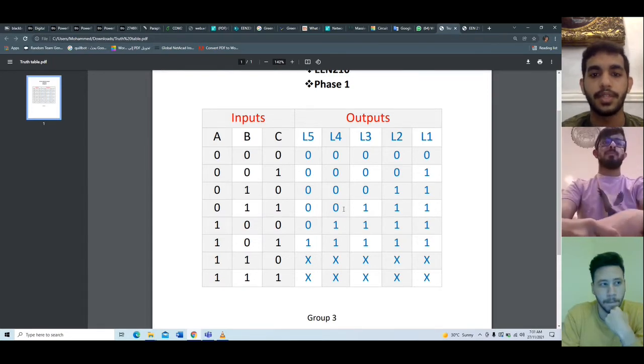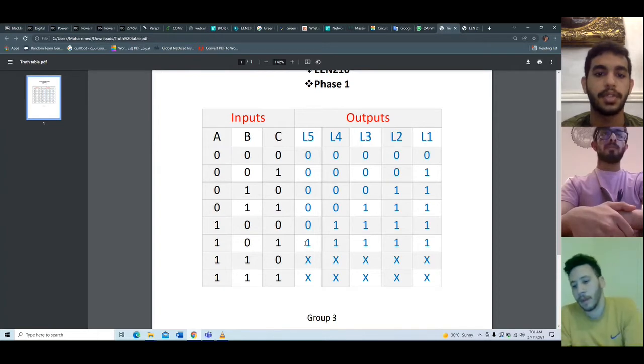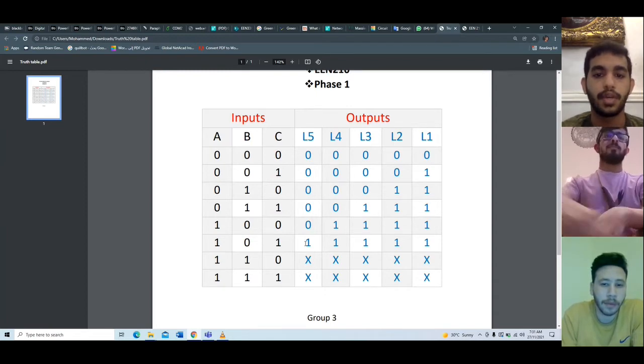Since the speed is increasing, the lamps will start lighting one by one until the 5 lamps are on. That means we reached the maximum speed, and the lamps will stay on until the speed decreases again. The main idea is that when the speed starts increasing, the first one will light and the other lamps will light one by one until the 5 lamps are on.